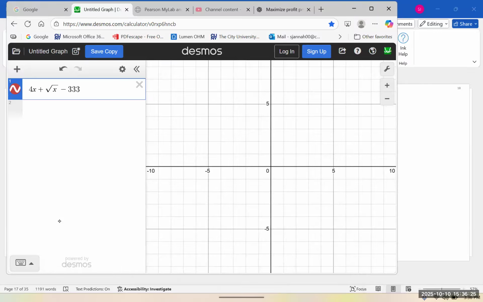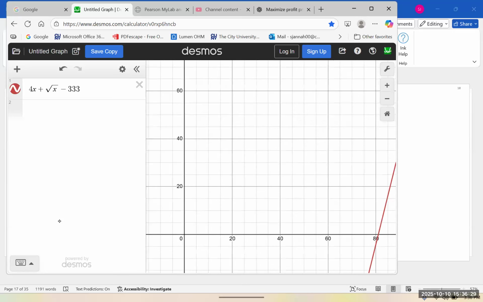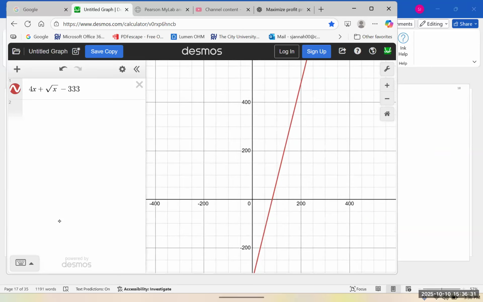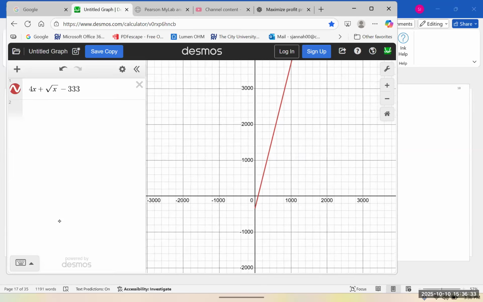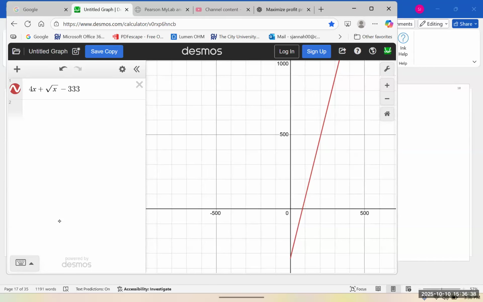We don't see any graph. That's because we have to zoom out. So this is the graph. If you use a TI-84, once you graph, you have to zoom out to see the graph. The graph is crossing the x-axis through this point.